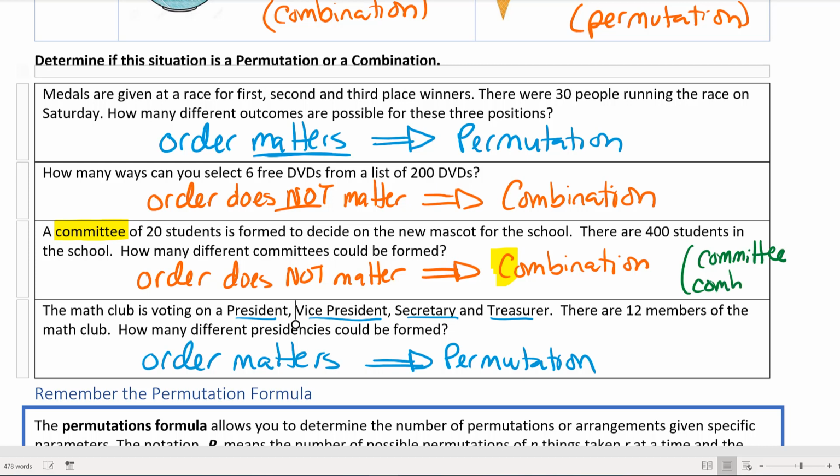Committee, combination, both start with C's. Whereas the math club is voting on a presidency. Presidency is going to be a permutation, and those both start with the same letter. So that's one way I remember. Committees, the order doesn't matter, it's a combination. Presidencies, the order matters, it's a permutation.